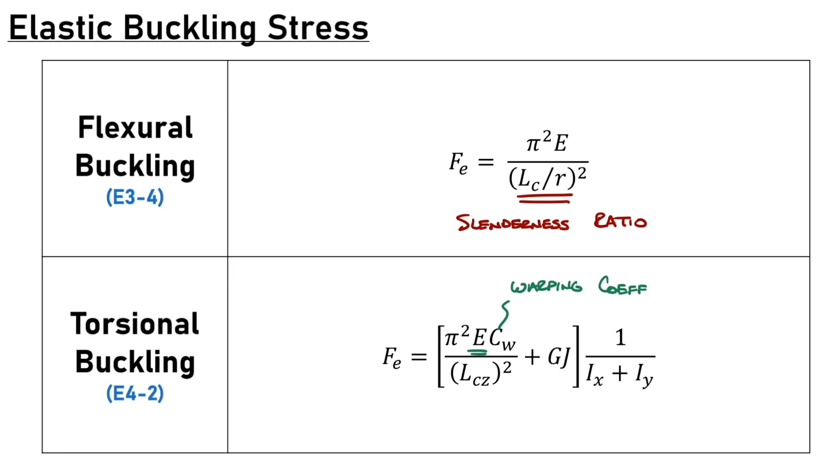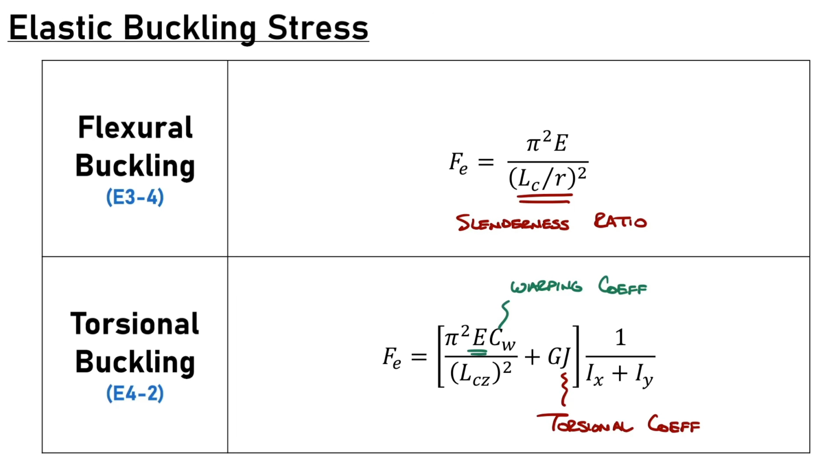On the other hand, our second term, J, is the torsional term. So J is going to be our torsional coefficient, and G is the shear modulus of steel, relating shear stress to shear strain, where G is equal to 11,200 KSI or 77 gigapascals.